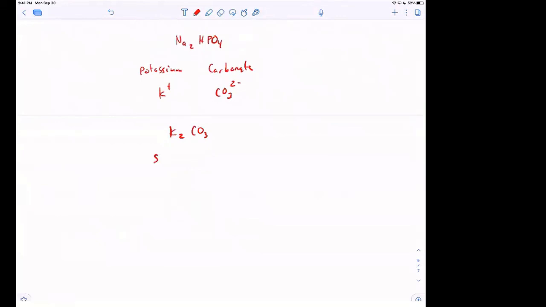Last one, it's sodium and acetate. Let's see here. Acetate is this molecule, C2H3O2. Is that what it has in the book? Yeah. C2H3O2.